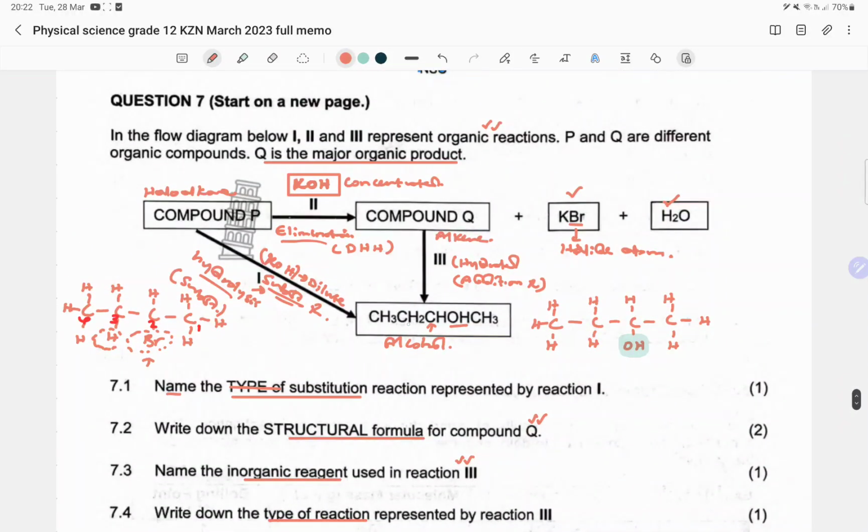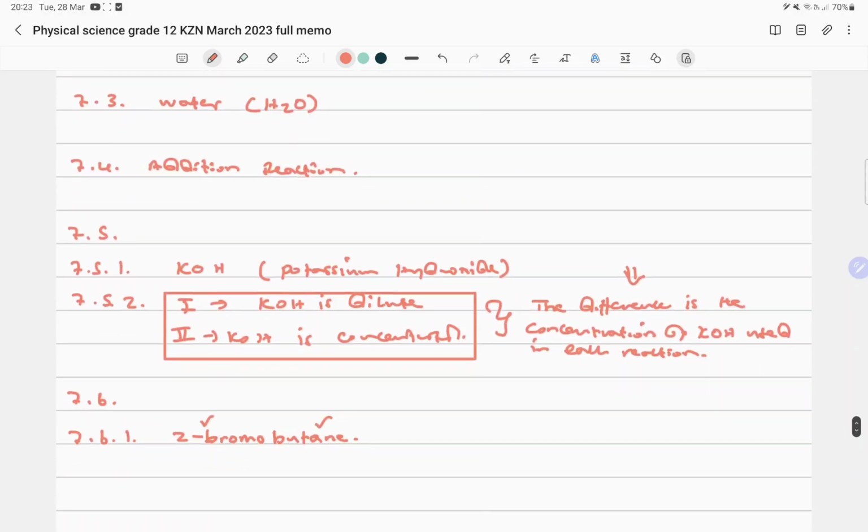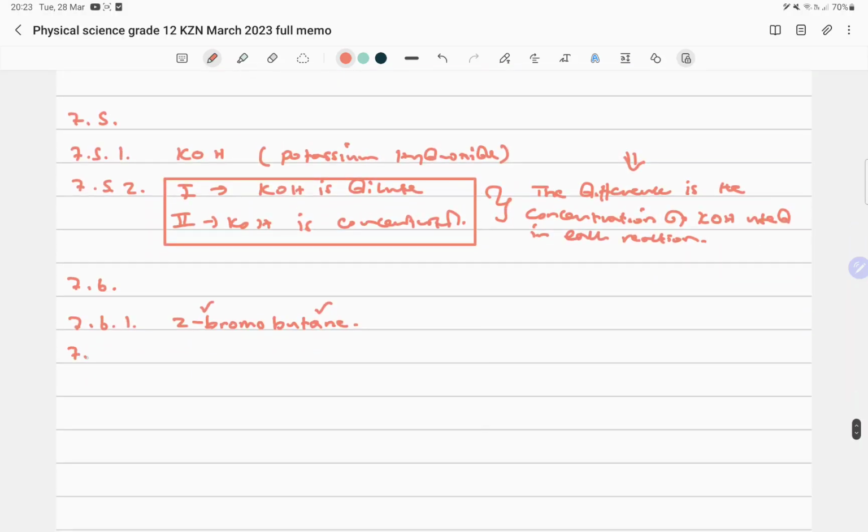So we want the IUPAC name of this one. So again here, we always prioritize the functional group. So it means this is carbon 1, 2, 3, 4. So this is going to be butan-2-ol. Is butan-2-ol.